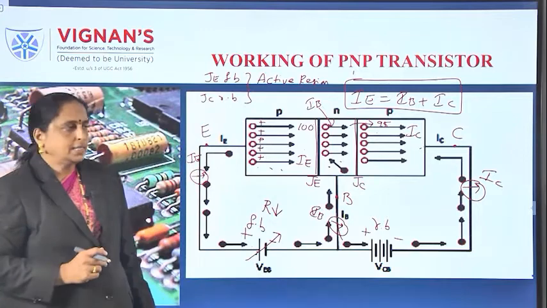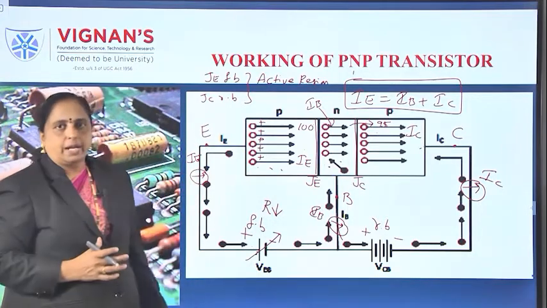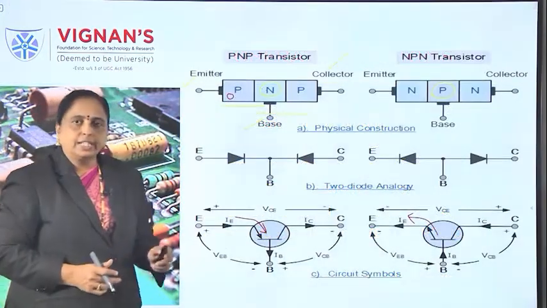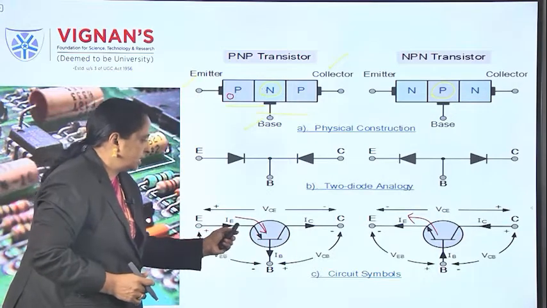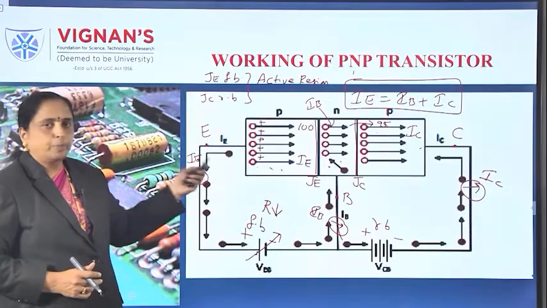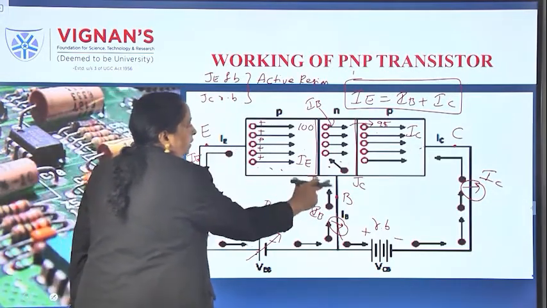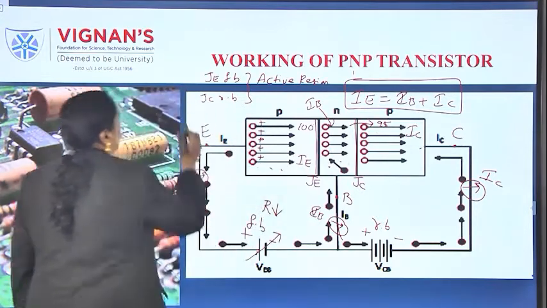Now let us see how the symbol of BJT can be compared with this construction. See here, we have given the symbol for a PNP transistor. The hole's direction is from emitter to base. If you see this diagram, in the PNP transistor the holes are moving from emitter to the base, isn't it? The starting source is from emitter to base.